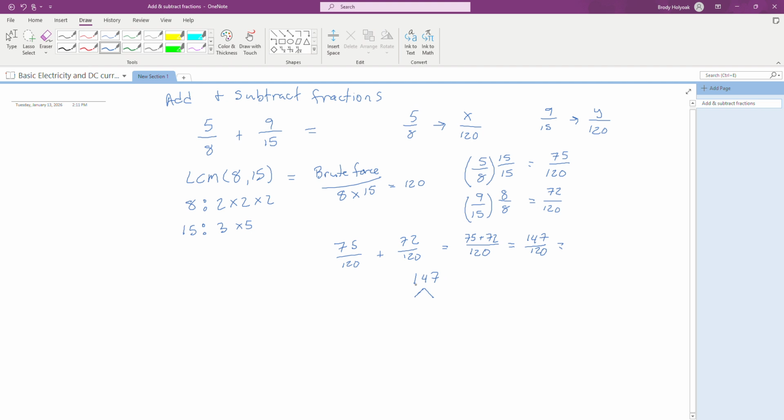Now again, I'm not sure if 147 is prime. There's no easy numbers. And so what we end up with is the following values. I can take 3 out of 147. So if I take 3 out of it, I get 49, and that's going to split up like so.